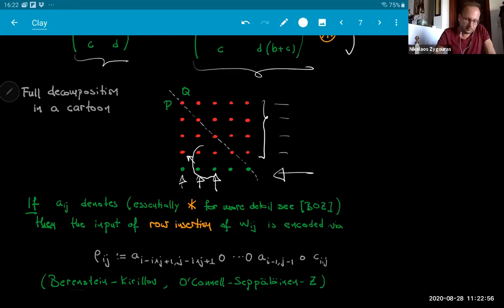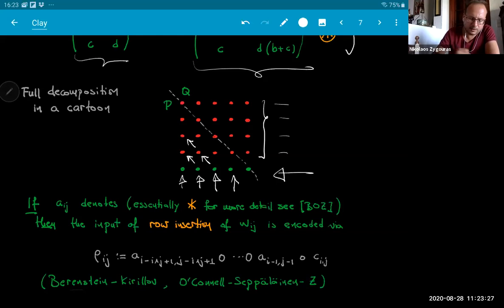Again, I'm going to do a 2 by 2 local move here. There will be some numbers that will be dropped in the following row to be inserted in the following row. This insertion is going to be encoded by another 2 by 2 local move. There will be some other numbers dropping in the next line. And then I have the last local move. And this is the way that these local moves work.